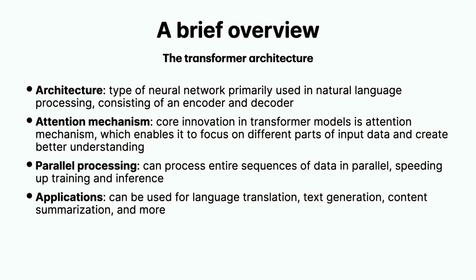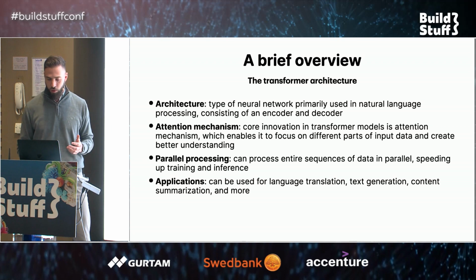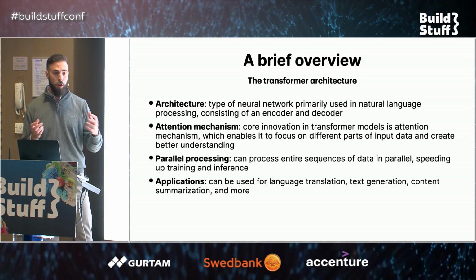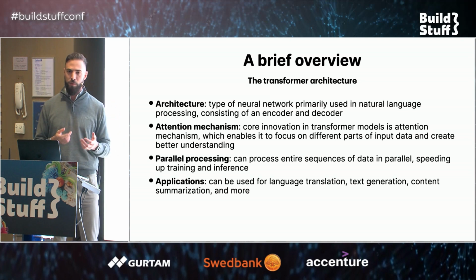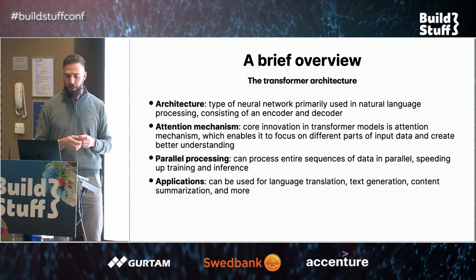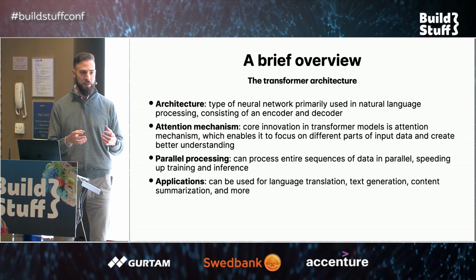It's a type of neural network which is primarily used in natural language processing, and it consists of an encoder, which handles the inputs to the model, and of a decoder, which handles the outputs of the model.